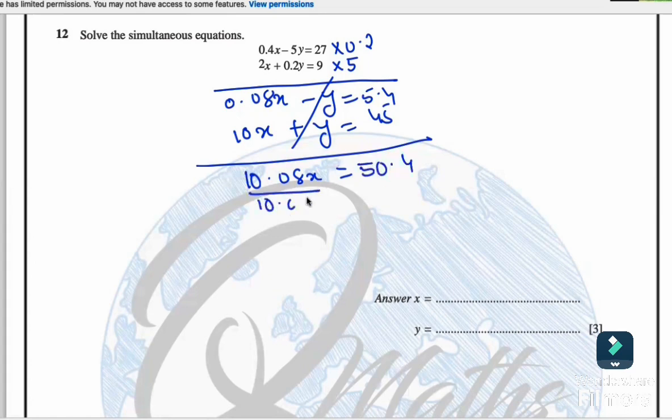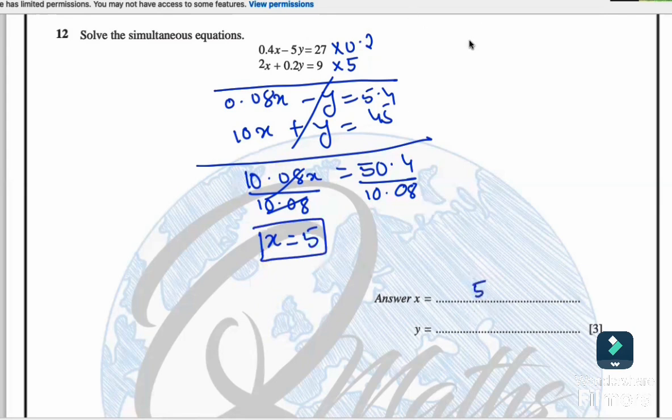Divide by 10.08 and 10.08. Therefore, x is equal to 50.4 divided by 10.08, which is going to be 5. So I get the value of x as 5.